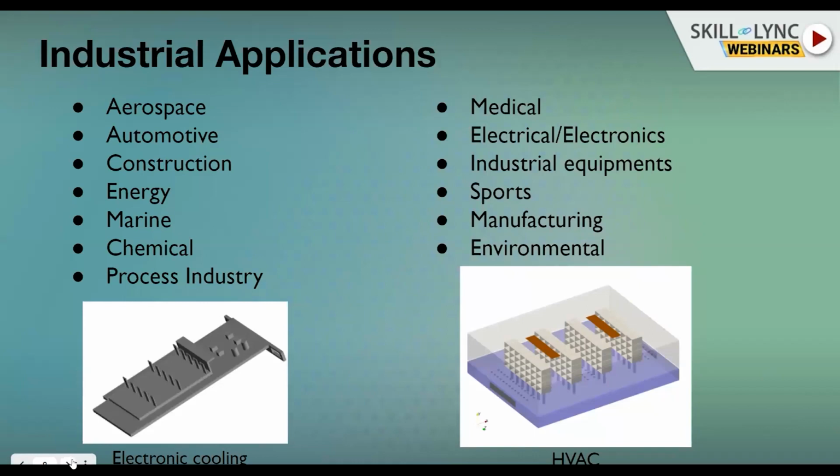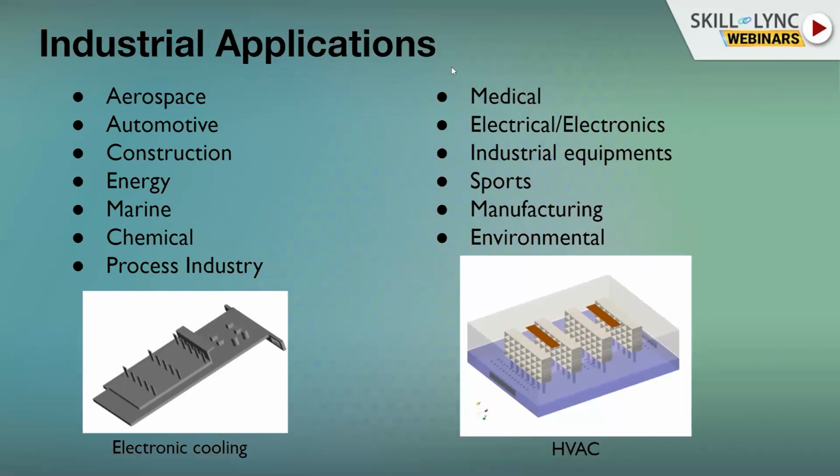Electrical and electronics, I think it's almost established now. Many electrical and electronics companies use CFD, like electronics cooling, electrical cooling, cooling for motors, electrical panels. It's a well-established one. Industrial equipment is the other one, like blowers, pumps, boilers.